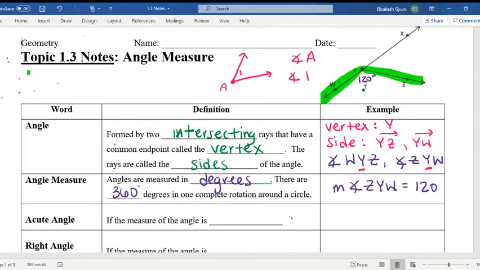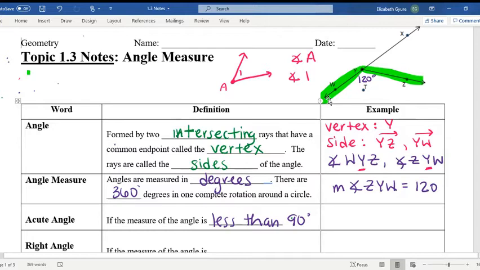An acute angle is if the measure of the angle is less than 90 degrees. Now, if you take a look at your picture here, again, we don't like to assume angle measurements, but I'm just going to go ahead and label this one in here for us.